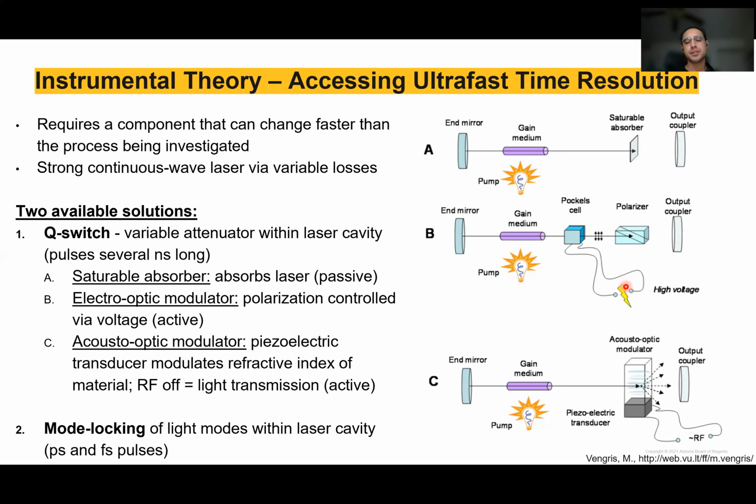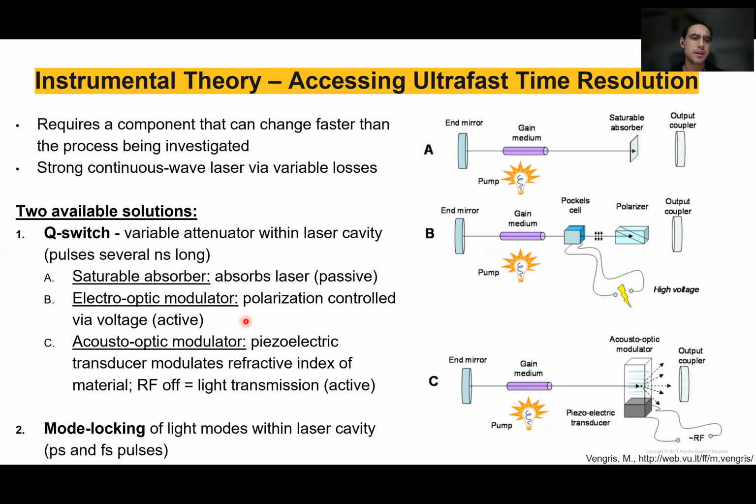Once you build up a strong enough light source or laser, you can switch the polarity on this material such that you let your laser shine through, and then it can move on to the rest of the experiment, which I'll go into in more detail in the next slide.